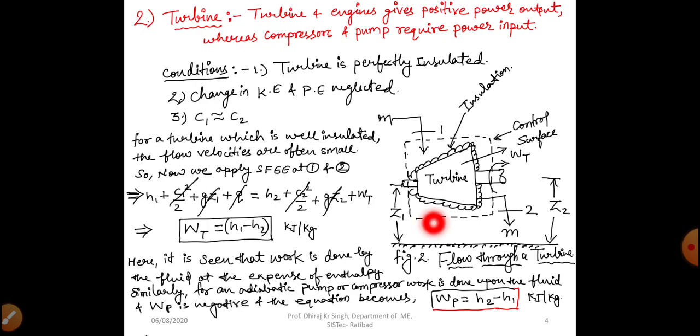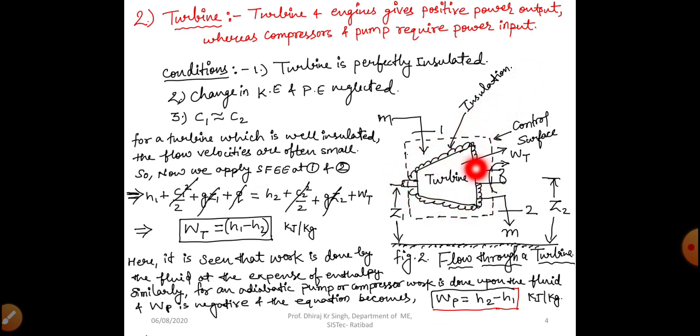So here we can see the increasing cross section is a device known as turbine. Here we can see W2 is a shaft work output we are getting from the turbine, and this outer dotted line is nothing but our control surface under which we are doing our investigation. This outer periphery is completely insulated.